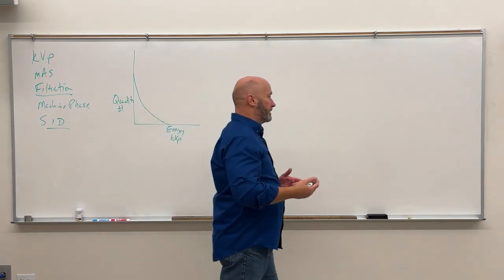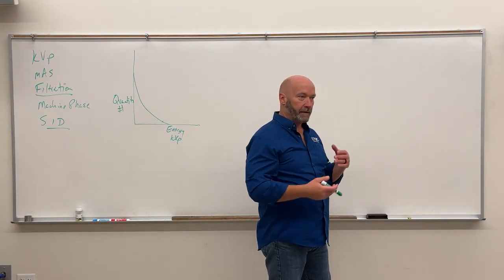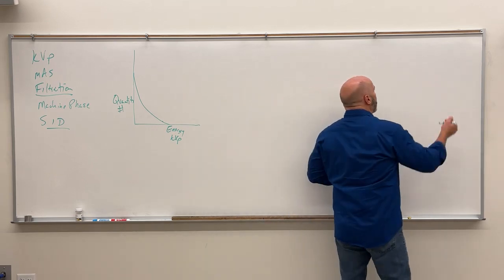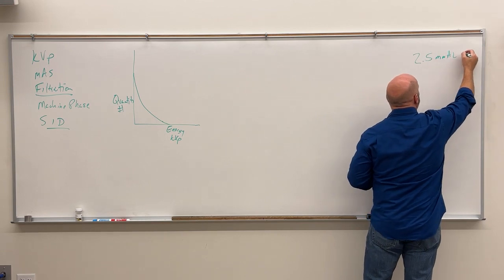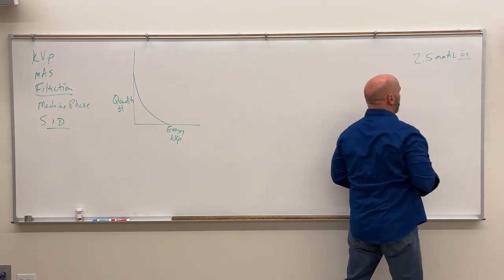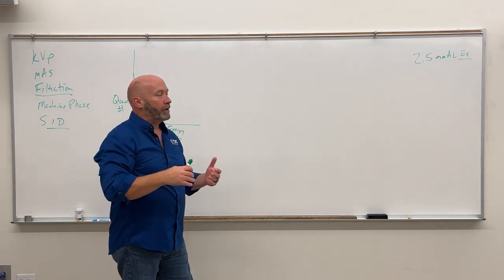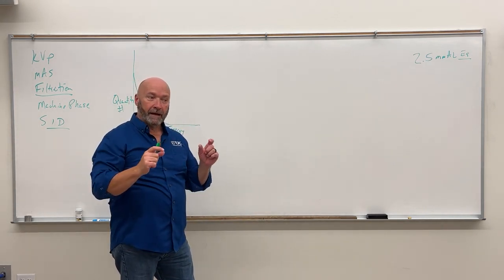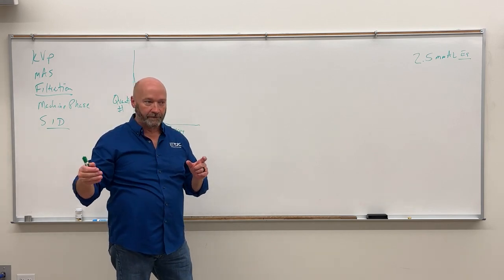Law requires that if you're going to operate an X-ray unit above 70 kVp, you need a minimum of 2.5 millimeters of aluminum equivalent. Okay, and a lot tied up in that equivalent. It doesn't necessarily have to have 2.5 millimeters of aluminum, but it has to have the absorption characteristics of 2.5 millimeters of aluminum.